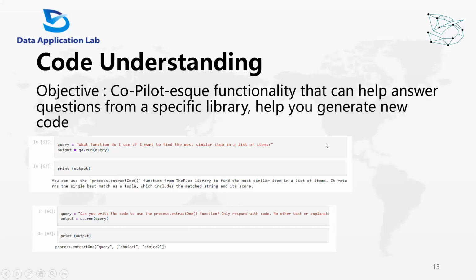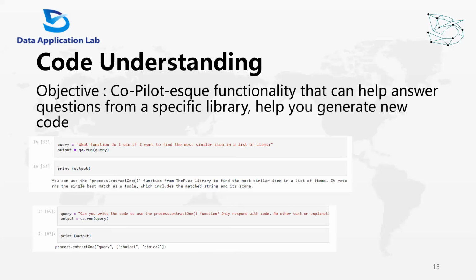So we are telling it to give us the code instead of just providing us the information. And here you see it has provided the code for it, and it tells us to use this function and put your query and put your list option. This is how we can build a code understanding app with the help of Langchain.